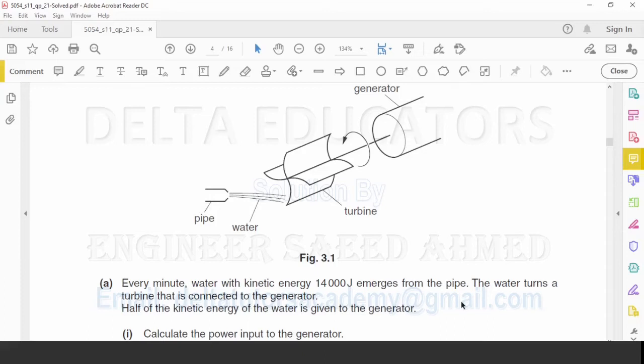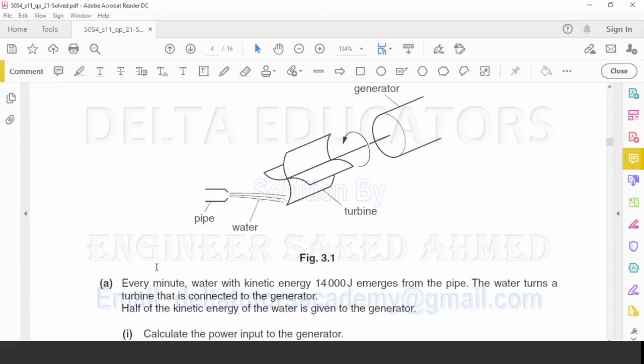Power is given as energy over time. Now the energy given to generator is half of this kinetic energy. Means the energy provided to the generator is 14,000 over 2, means 7,000 joules. So energy provided to the generator is 7,000 joules and the time is 1 minute. 1 minute means 60 seconds.